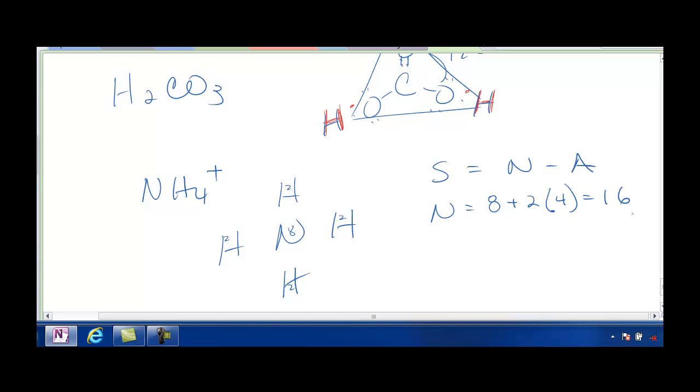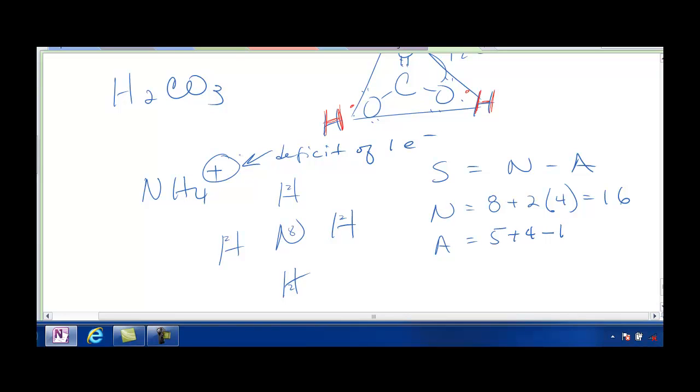Are we okay with the 16 that we need? That's what we need. But what do we have? Nitrogen has 5. Each hydrogen has 1. And I have a deficit of 1 electron. So it's plus 4 minus 1.